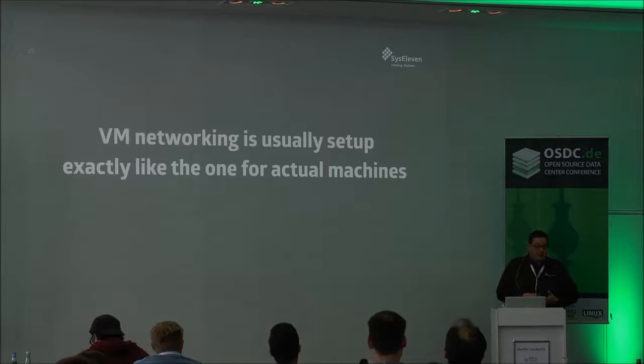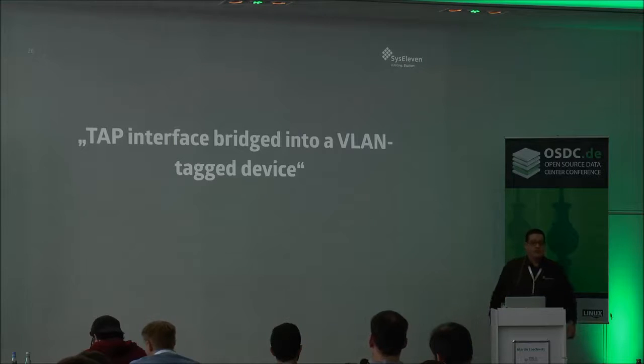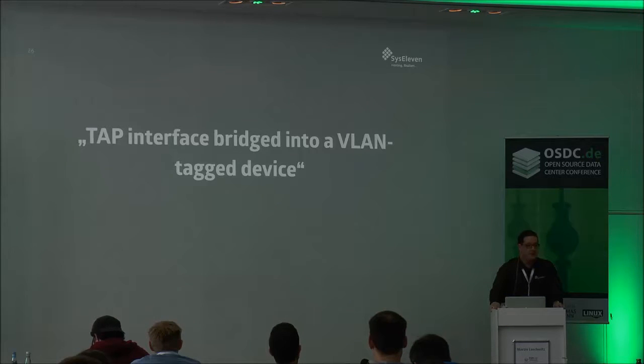A great example for that is a setup that I have personally seen many times in the wild. I have tap interfaces, and I connect my virtual machines with their tap interfaces to a bridge, and I connect a VLAN tagged device on the other side of that bridge, and then I call that virtual networking.